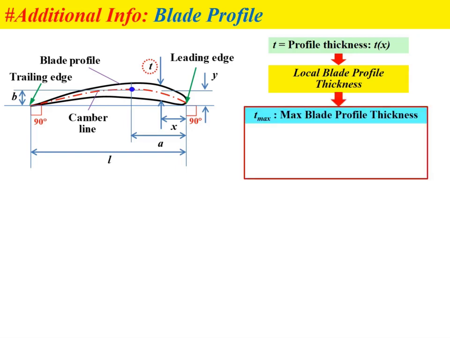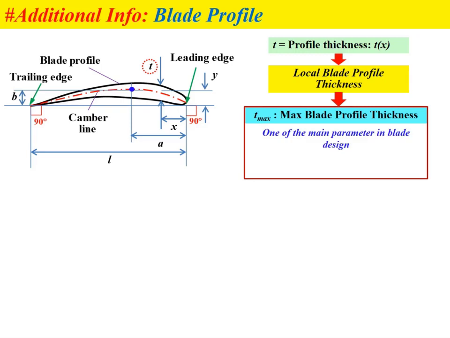However, we have another important parameter in blade design, which is the maximum blade profile thickness, referred to as T maximum. Most of the parameters that we use to design or develop the blade profile refer to this value, T maximum.